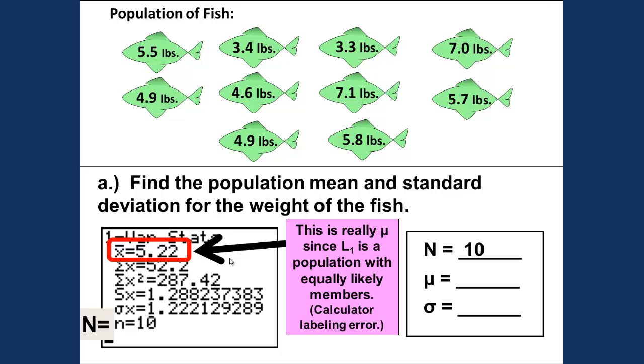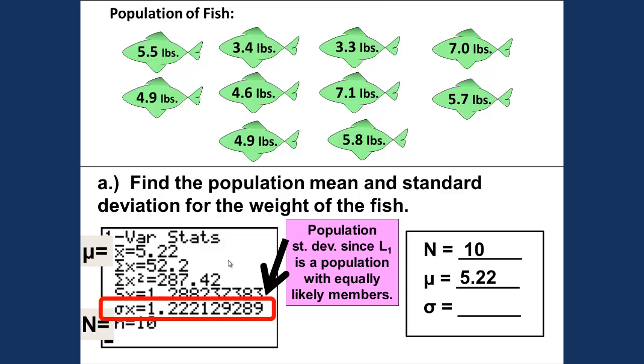X bar is the mean. This is really mu, since L1 is a population with equally likely members. Again, a calculator labeling error, because the calculator does not know whether you've inputted a population or a sample. So our mu is 5.22.